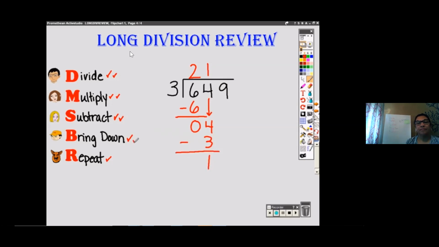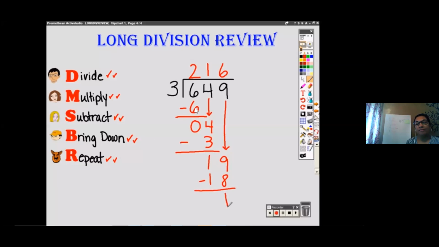Now we bring down the 9 straight down, and we get 19. So we repeat. Divide again. 3 goes into 19. How many times? 6. 3 times 6 is 18. 19 minus 18 is 1.